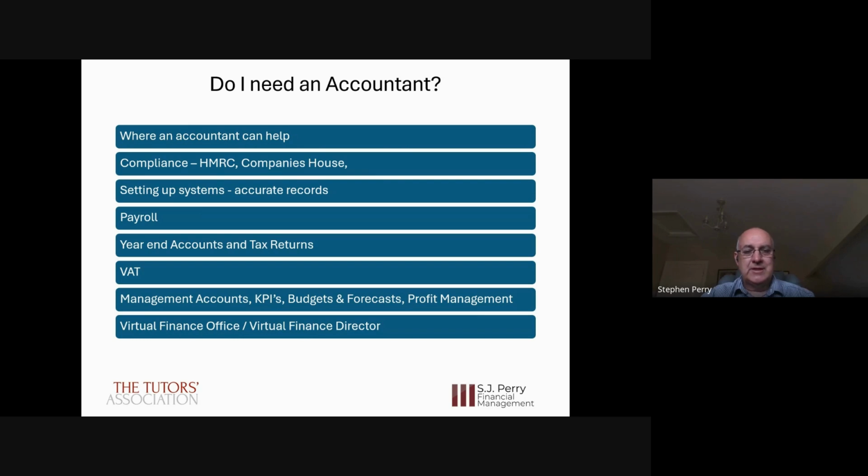Where an accountant can particularly help is the more forward-looking decision-making side around management information, helping with KPIs, budgets and forecasts, and looking for areas to improve profit. And often, as a profession, we'll try and bundle that up into one thing. If you're a big business, you've got an in-house team, you've got a finance office.